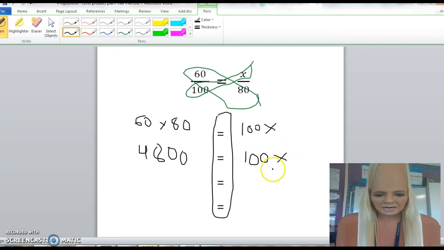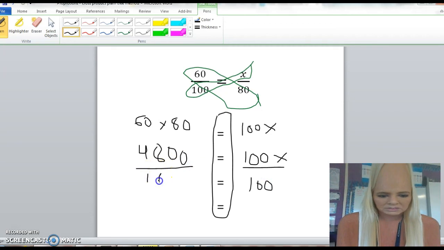So in order to get x by itself to solve for how many cups of juice I might need for this party, the opposite of multiplication is division. So what I do to one side, I have to do to the other side. My 100s cancel out, so I'm left with x is equal to 4,800 divided by 100.